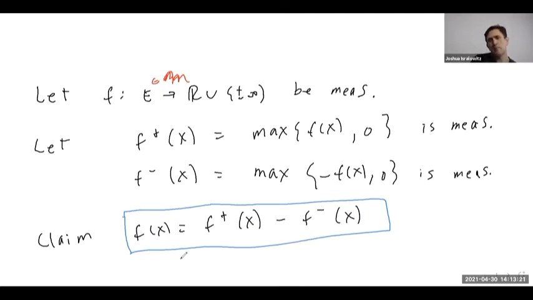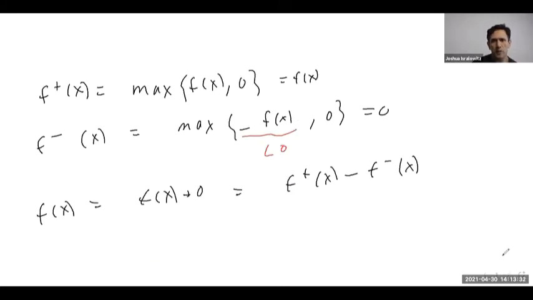Assuming we're not having an infinity minus infinity type situation going on. But that's really the main point. And the key is that both of these are measurable.